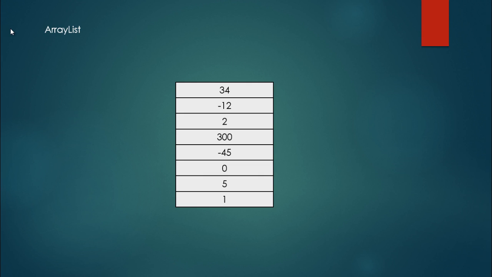So for example, what's the problem with an array list? We have a list containing 1, 2, 3, 4, 5, 6, 7, 8 items. For example, we want to get rid of the 0, so we want to remove the 0 from the array. It's very easy, we just have to delete the 0. But the problem is that we have to reconstruct our data structure.